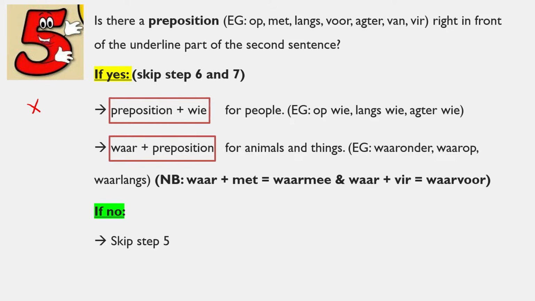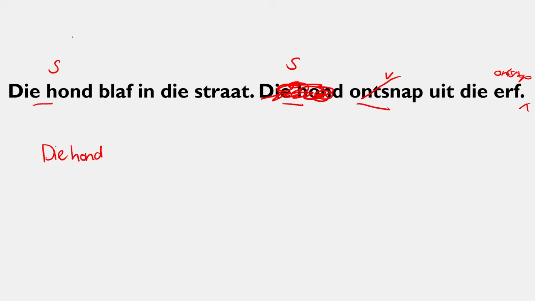But if there was a preposition, then you would say preposition plus wie for people and waar plus the preposition for animals and things. And remember, if you have waar met, it's waarmee. If you have waar plus vir, you have waarvoor. But we didn't have step 5, so we skip step 5, right? Because we did not have a preposition in front of the underlined part. So in front of the subject, there was no preposition.